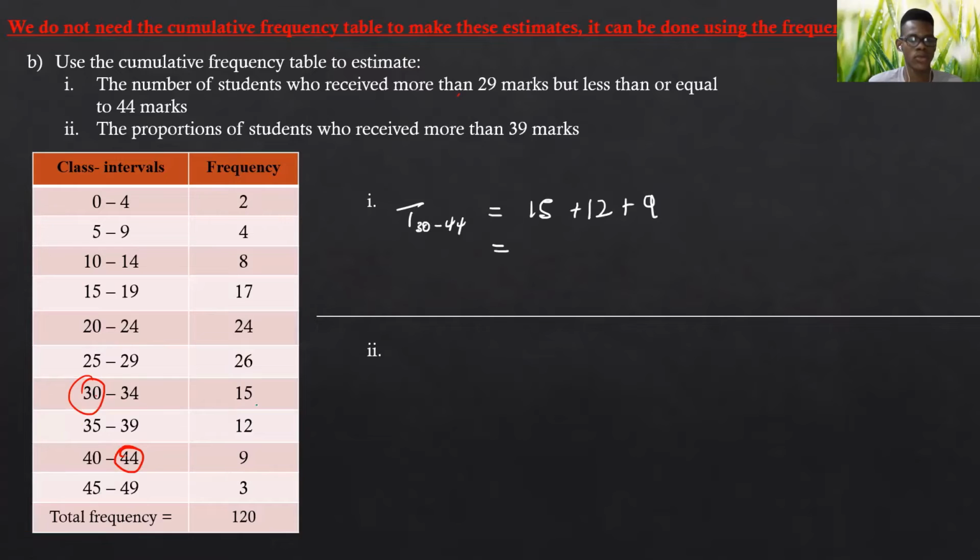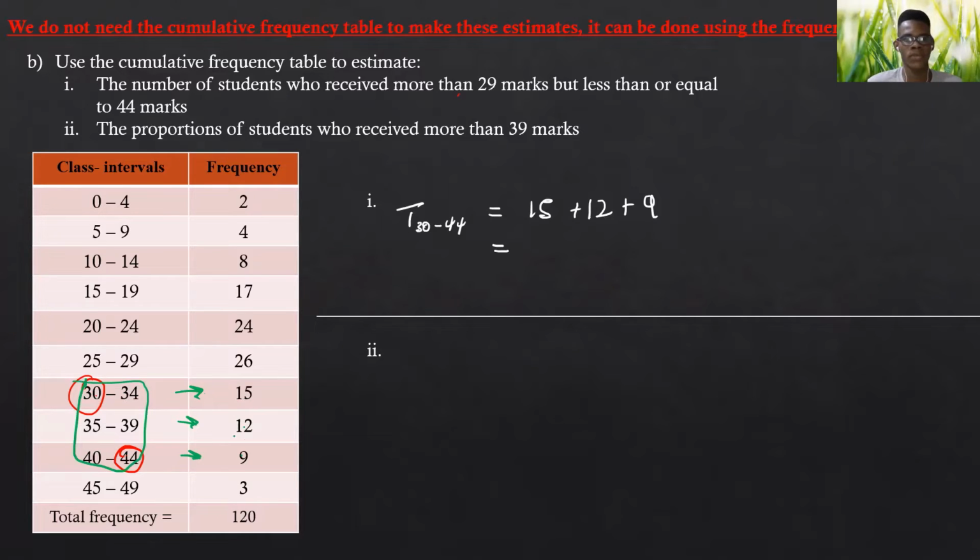How did I get those numbers? Right here, 15 plus 12 plus 9. Because I'm looking at any number from 30 to 34, then 35 to 39, then 40 to 44. That is everything within these classes, right?